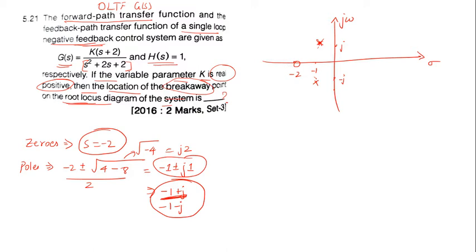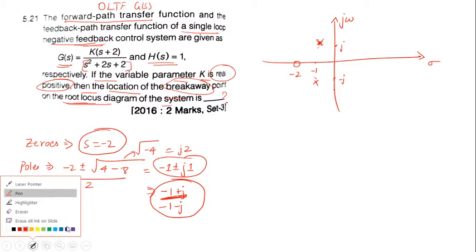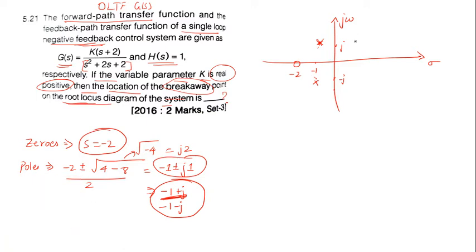First, let us see where the locus exists on the real axis. Let me take another color for indicating the locus. Is there any pole or zero on the right side of the S-plane over here? No. So there is going to be no locus on the right side. The locus exists only when the sum of poles and zeros to the right of the point we are considering on the real axis is odd.